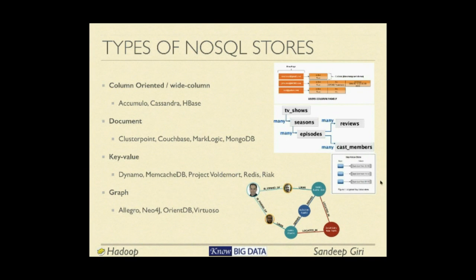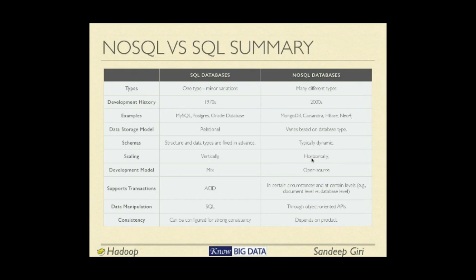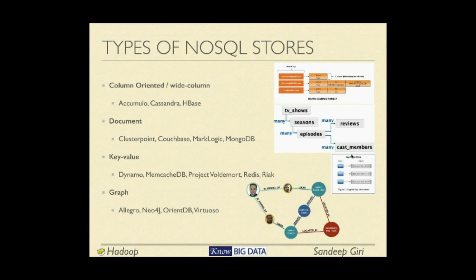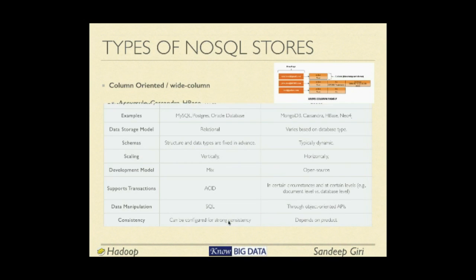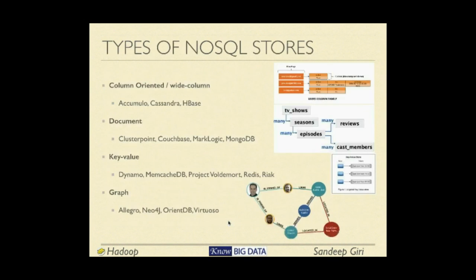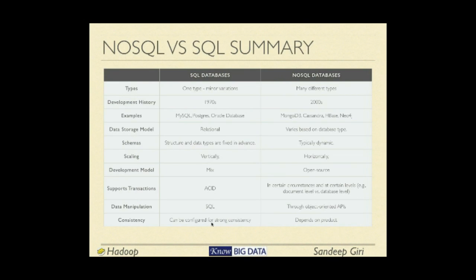Does it harm your customers in any way? So consistency means all the people see the same data, while availability means that no matter how many users are coming, they should not go unanswered. You should be able to answer them in a reasonable amount of time.